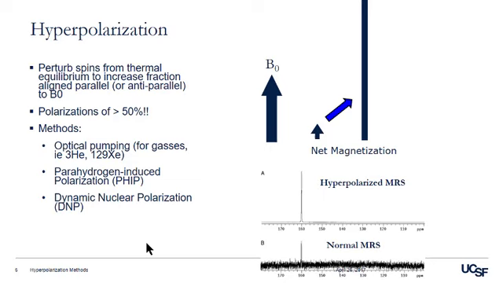Polarizations greater than 50% are now being routinely reported for dissolution DNP systems. And again, here are the three methods that I mentioned at the beginning: optical pumping, parahydrogen-induced methods, and dynamic nuclear polarization.